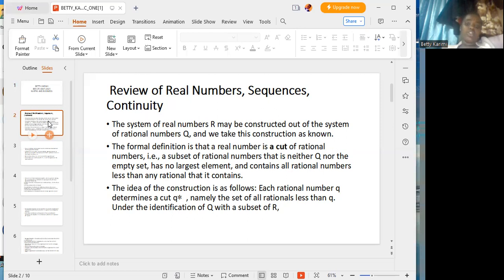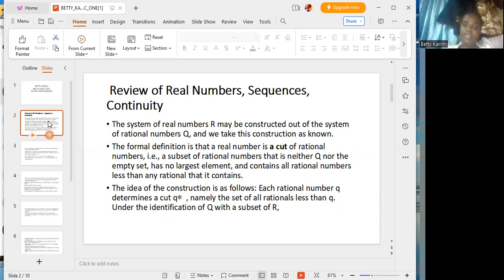The formal definition is that a real number is a cut of rational numbers. For example, a subset of the rational numbers that is neither Q nor the empty set, has no largest element, and contains all rational numbers less than any rational that it contains. The idea of construction is as follows.